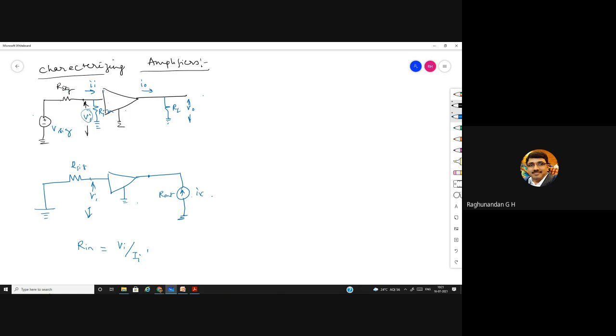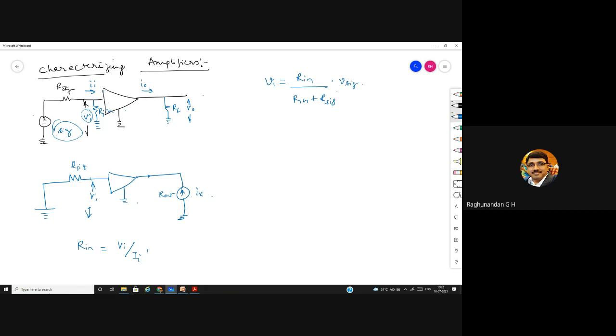Whatever voltage drop we have across Rin, the same voltage will act as the input voltage to this op amp. That's why we apply the voltage divider rule. Vi is equal to Rin divided by Rin plus Rsig, times Vsig, because this is the main source. This is where we need to find the voltage.